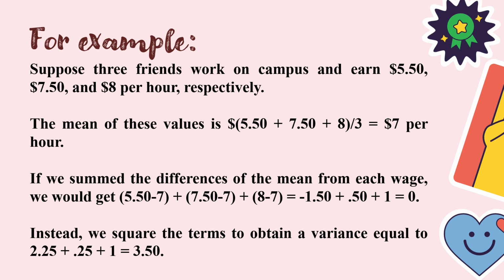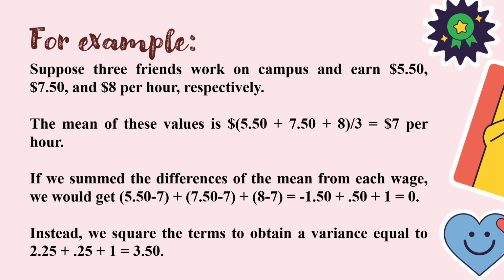If we sum the differences of each wage from the mean, we would get (5.50 - 7) + (7.50 - 7) + (8 - 7) = -1.50 + 0.50 + 1, which is equal to 0.